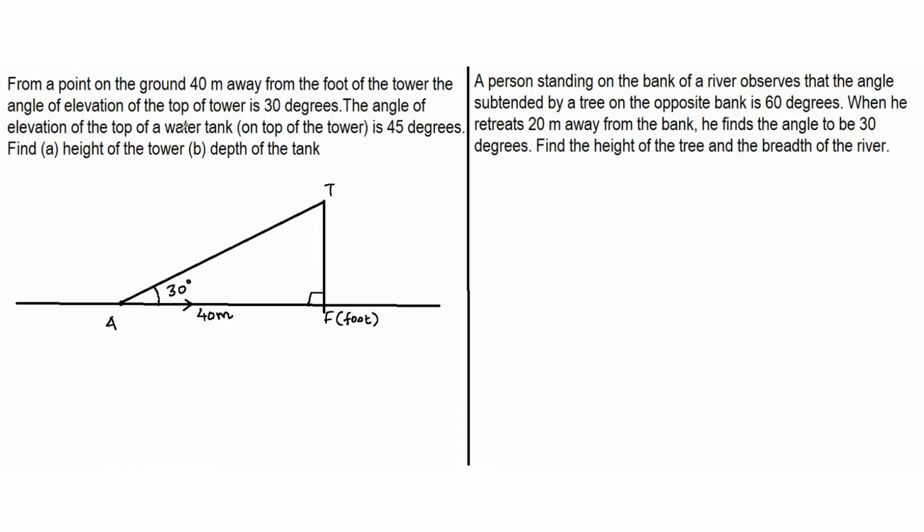The angle of elevation of the top of a water tank on the top of the tower. So on top of the tower, there is a water tank that is situated. So let us draw a water tank here. This is a water tank which is situated on top of the tower. So please note that this particular part is the tower and this particular part is the water tank, right?